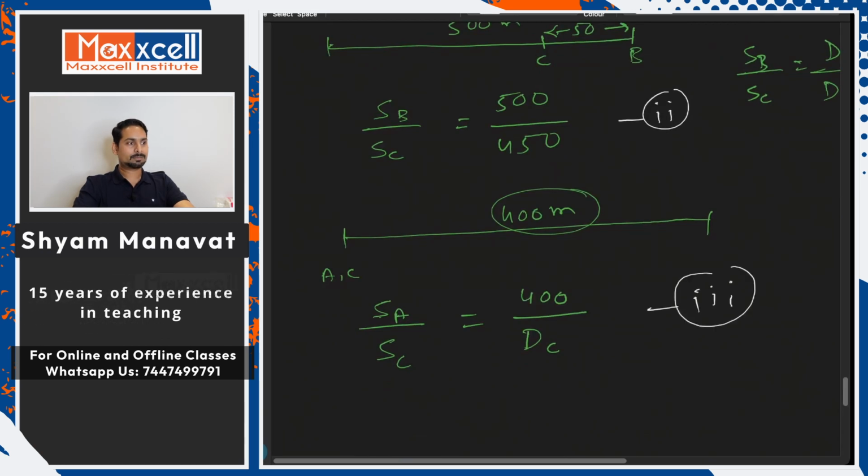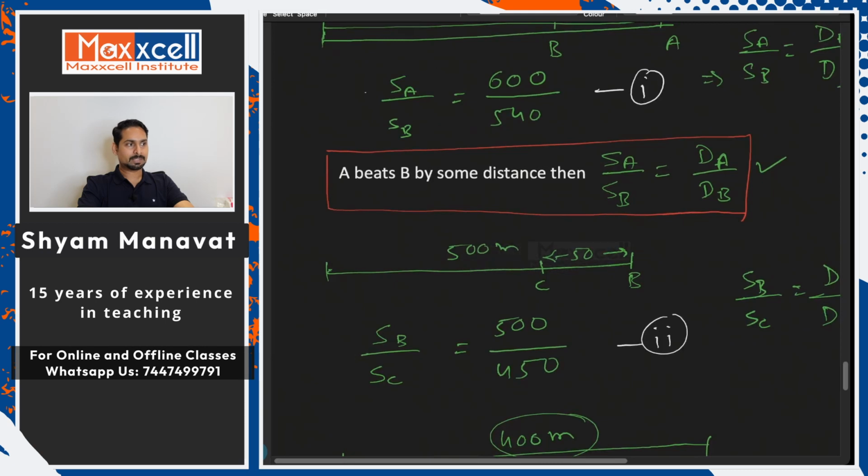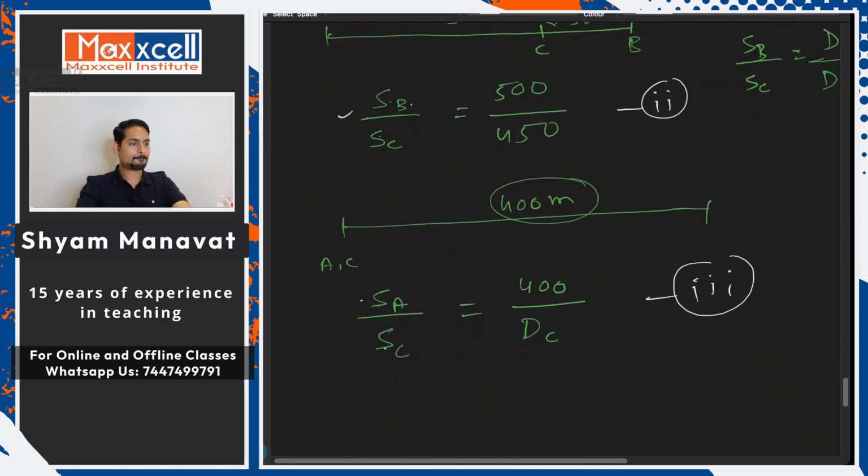So basically we need to compare A and C. Now if I look at equation number 1 and equation number 2, I have speed of A by speed of B, speed of B by speed of C. If I multiply these two equations, the denominator and numerator are going to get cancelled. Let me show you.